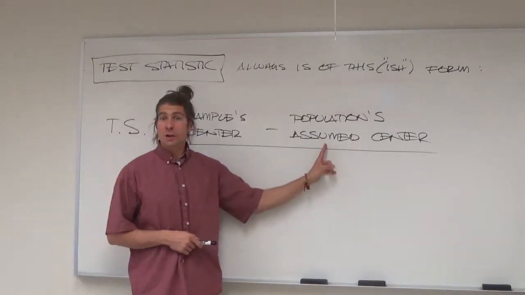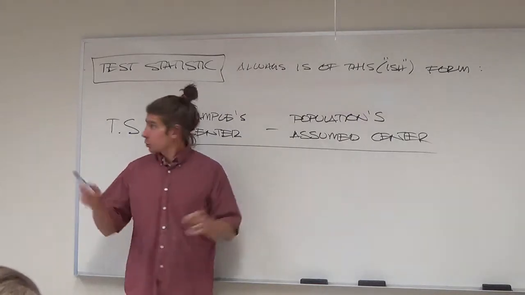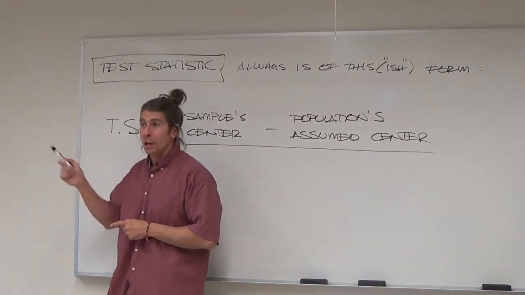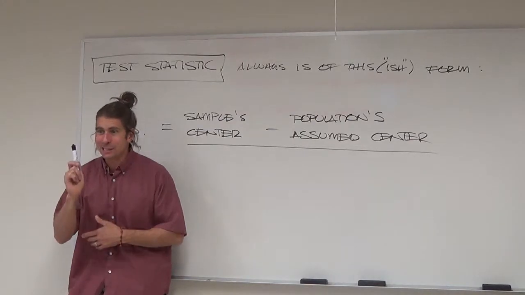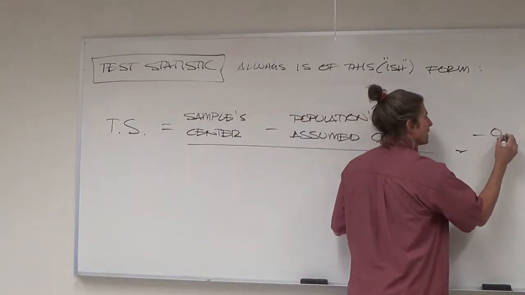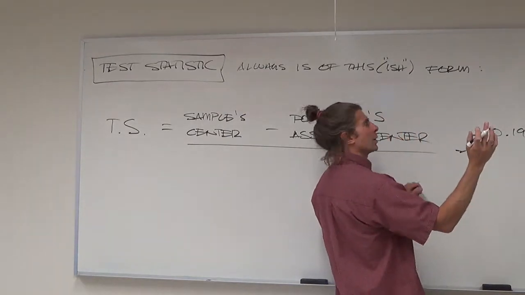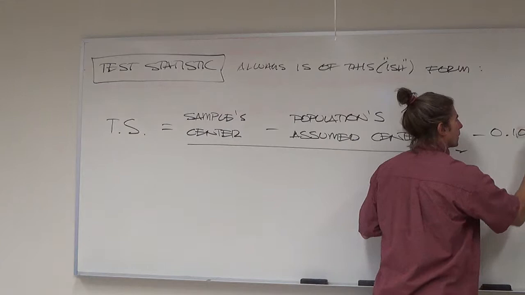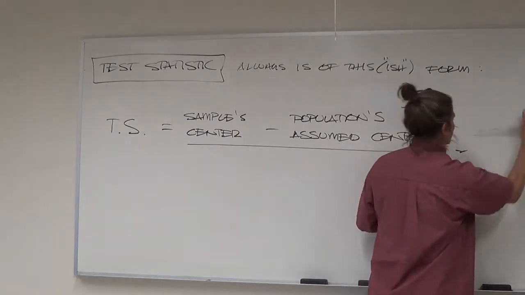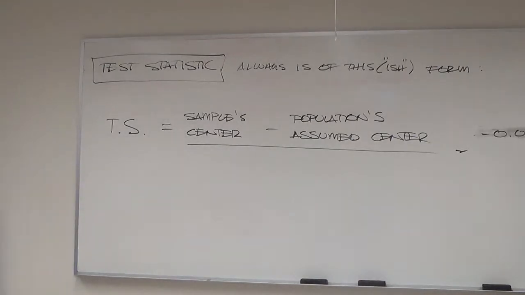What's the assumed flu rate? Assuming the vaccine is ineffective? 12%, 0.12. 0.101 minus 0.12 is negative 0.019, there we go. 1.9%, and it's negative because it's lower.